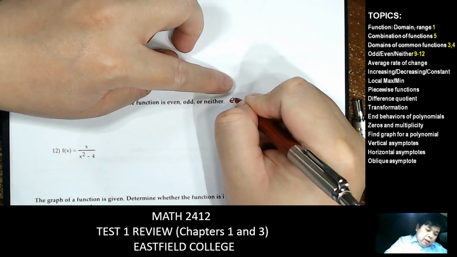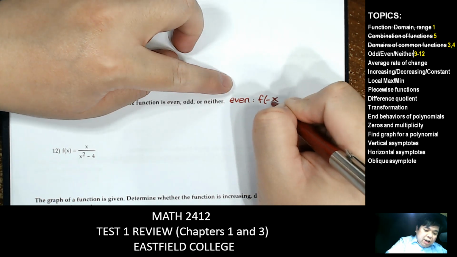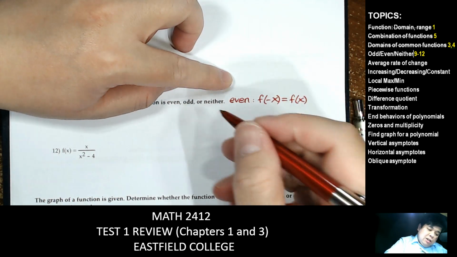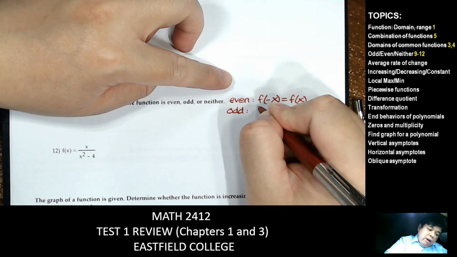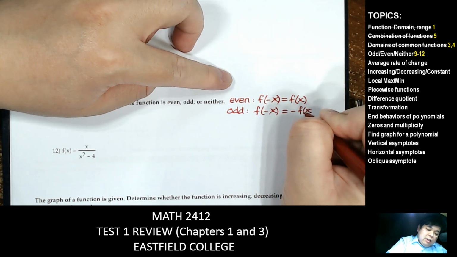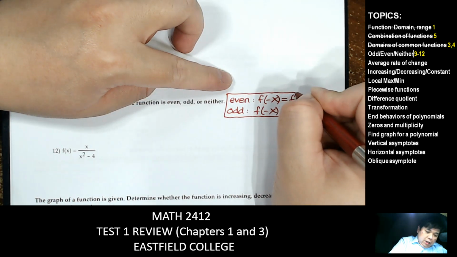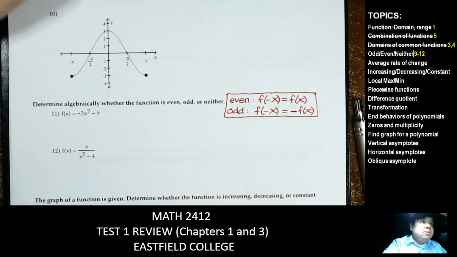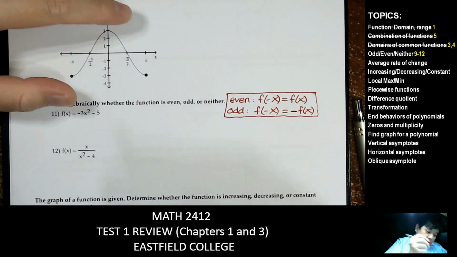Definition: an even function is where we have f of negative x equal to f of x, and an odd function where we have f of negative x equal negative f of x. The only difference between those two is this minus sign. Both of them start with f of negative x, so that's where we start.